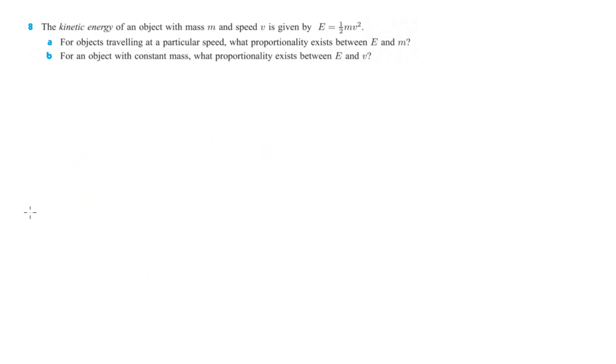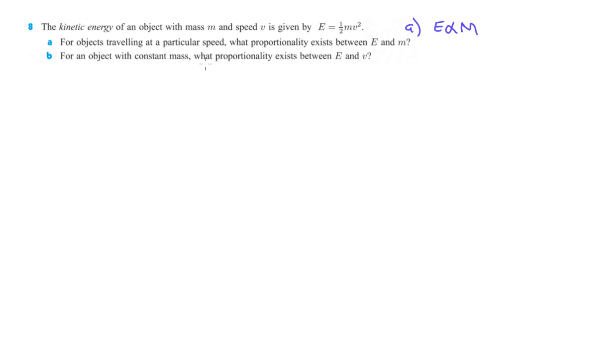Number 8, kinetic energy of an object with mass m and speed v is given by E equals 1/2 mv squared. For objects traveling at a particular speed, what proportionality exists between E and m? We look at the E and the m, it's just going to be E varies directly with m, because there's no power with the m.